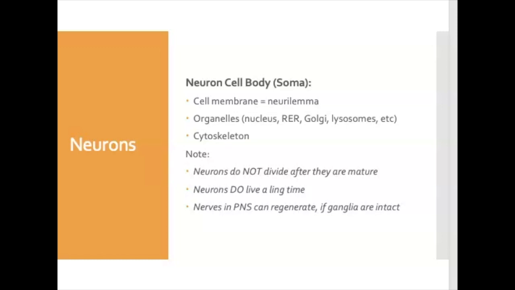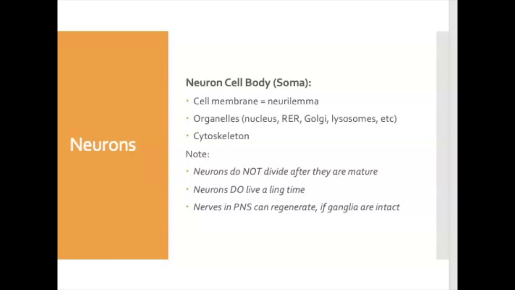It's referred to as neurolemma. It has some specializations associated with it, including the fact that it has lots of these extensions that we've mentioned. The dendrites are simply extensions of the membrane around the cell body. The axon is just one big long extension of the membrane coming out of the cell body.